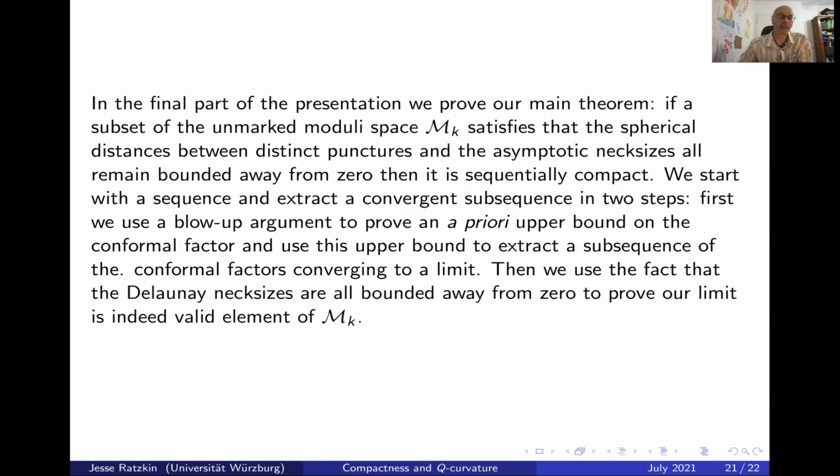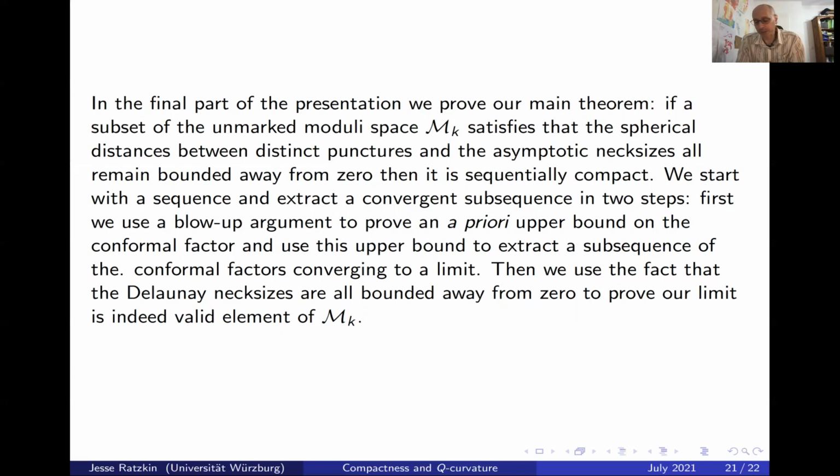The statement of the main theorem is that if a subset in the unmarked moduli space satisfies that all of the spherical distances between punctures are bounded away from zero and all of the asymptotic neck sizes remain bounded away from zero, then this subset is sequentially compact.